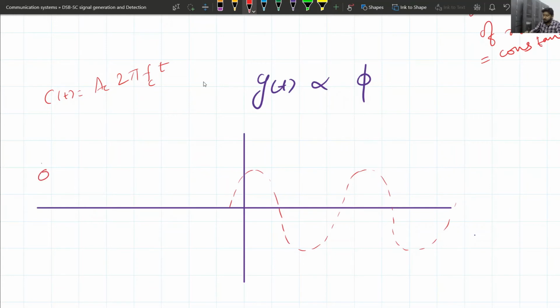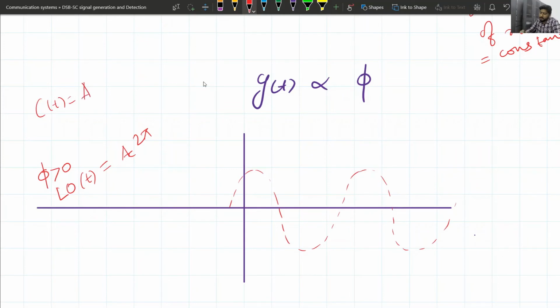Then take the case for phi greater than 0.